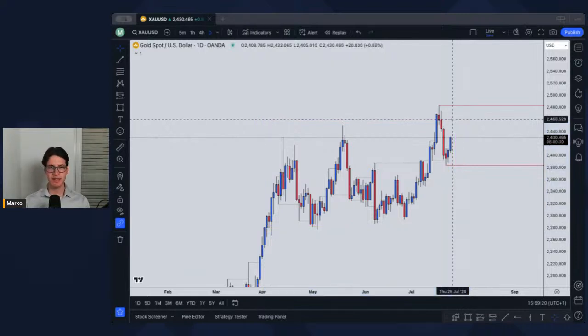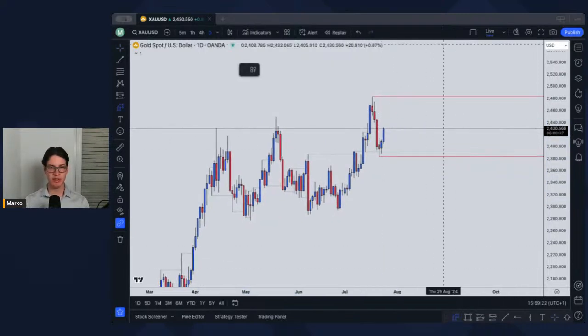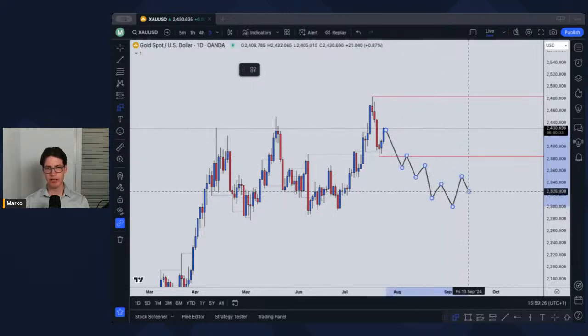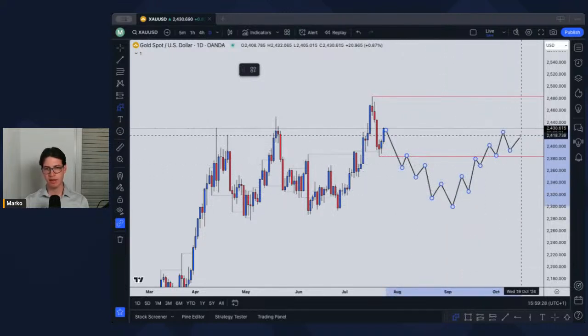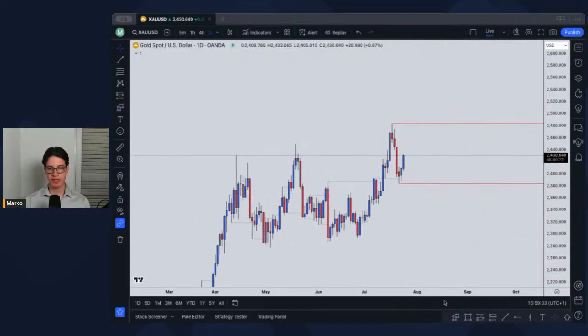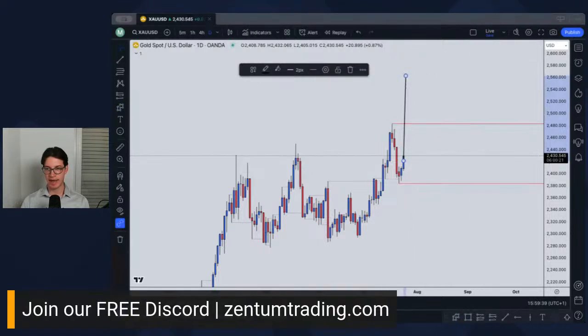Not really a good sign for bulls, so not really a good sign of bullish pressure. I would say this is maybe gonna continue ranging around like this. We shall see, but that is what I forecast. What I would need to see on gold is a break of the high with a lot of momentum. Okay, I would need to see that.